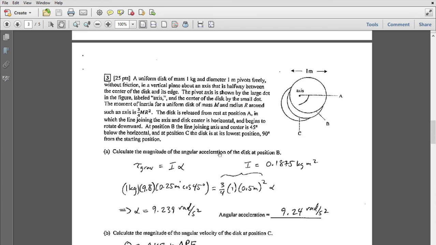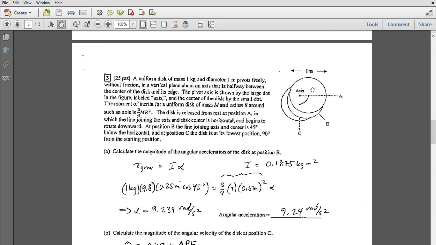So in this case, at position B, we're just going to say torque net equals I alpha. And in this case, you might want to draw a separate diagram, which I didn't do here, of the disk rotated at 45 degrees. Its center of mass is 45 degrees below the horizontal position.